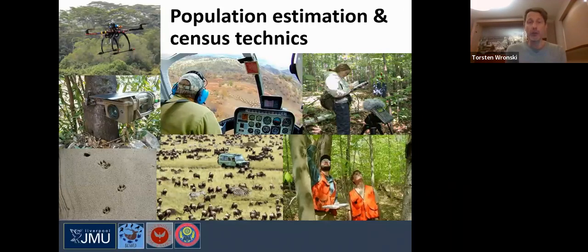I will give two presentations during this workshop. One in module 3 on wildlife reintroductions, and one today, on population estimation and census techniques.